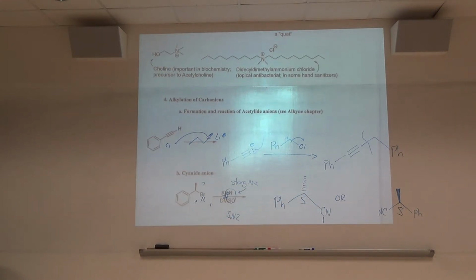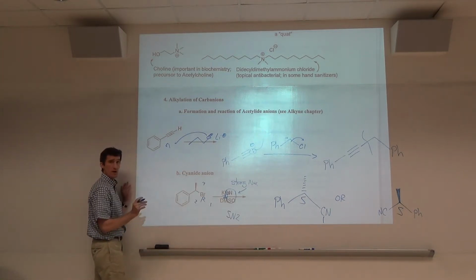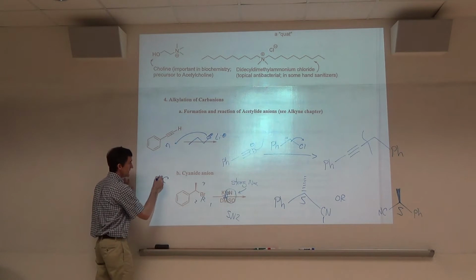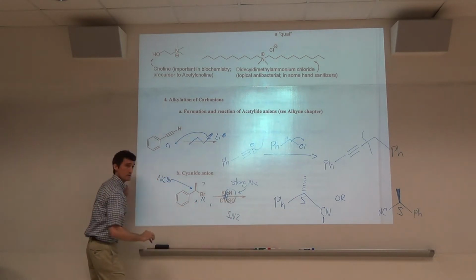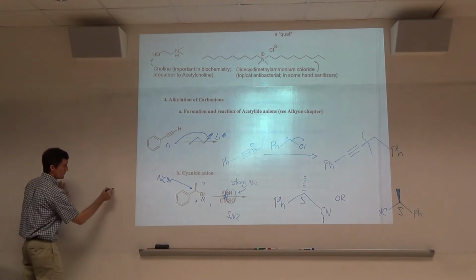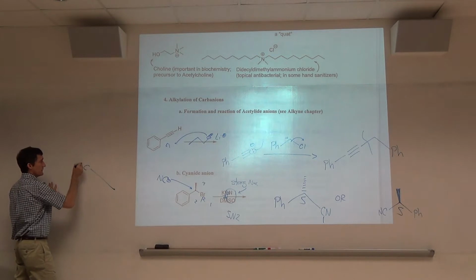Now, why did I draw it both ways? Because if you want to draw the true inversion, the CN comes in over here, right? When it comes in, it kicks off the Br. So there's the carbon. The CN is now going to be over here.